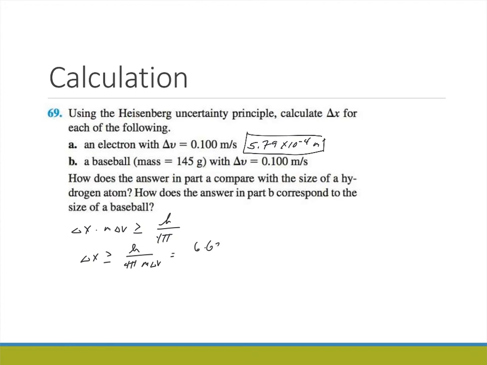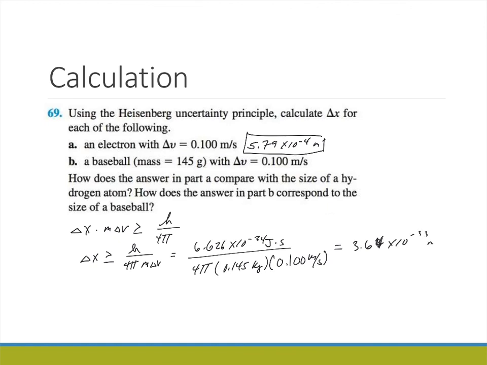And that's 6.626 times 10 to the minus 34 joule seconds over 4 pi times, now the mass has to be in kilograms, so 0.145 kilograms times 0.100 meters per second, and we get an uncertainty in position greater than 3.63, actually 3.64 times 10 to the minus 33 meters.